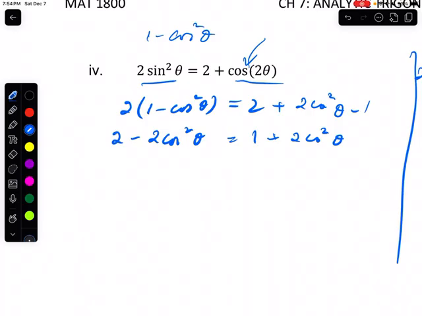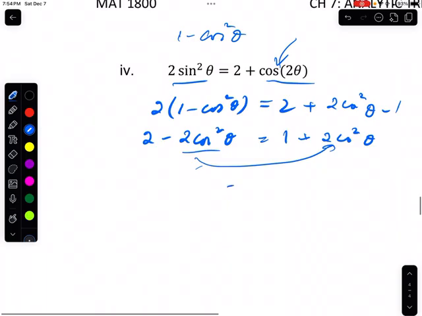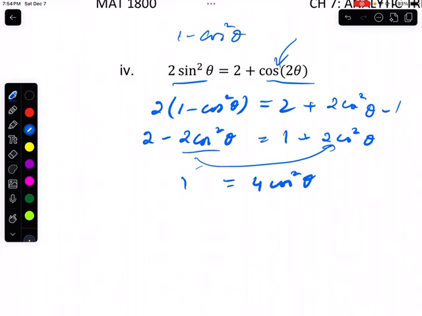Now I can move this term over there. So it will give me 4 cosine square theta, and I can subtract 1, so I end up getting 1 is equal to 4 cosine square theta, which gives me cosine square theta equal to 1 over 4, which means cosine of theta equal to plus minus 1 over 2.